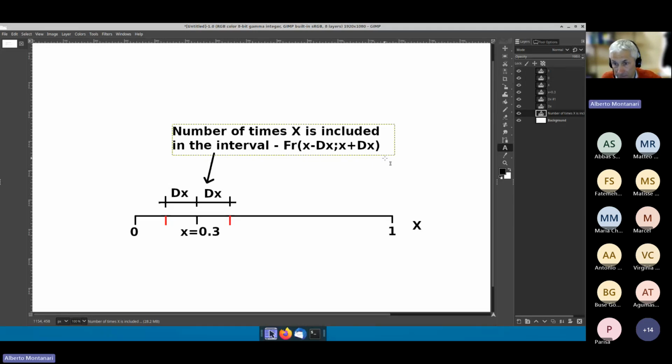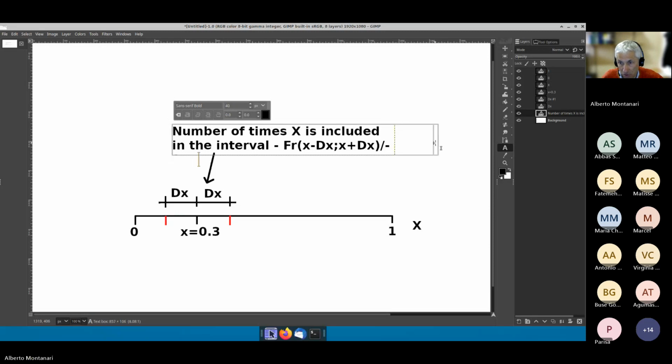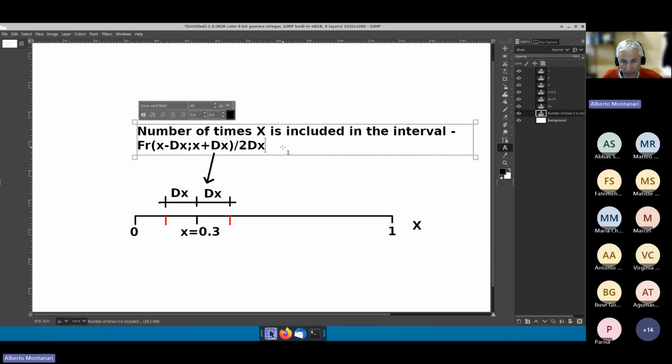So if the frequency is divided by 2dx, which is the length of the interval, what I obtain is a density of frequency.